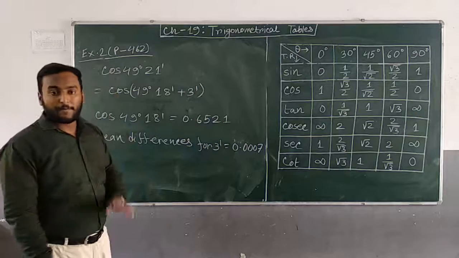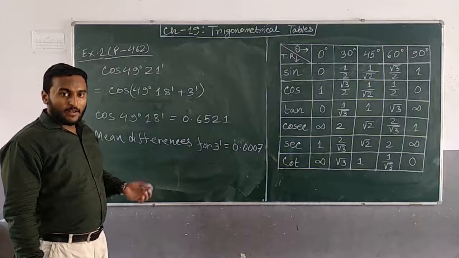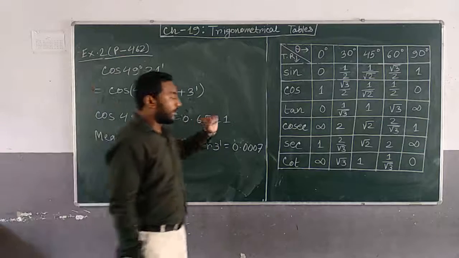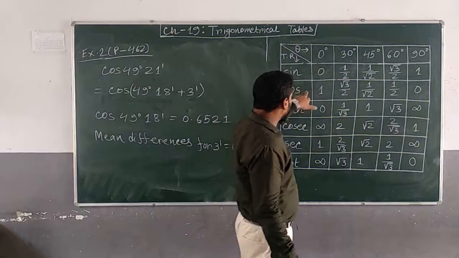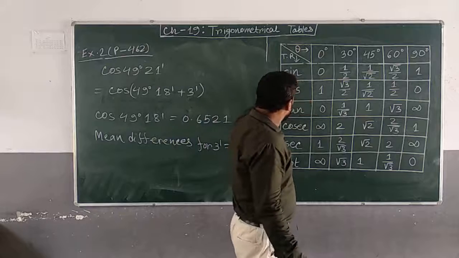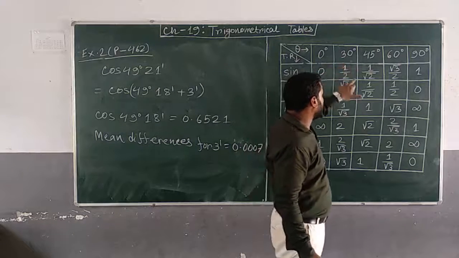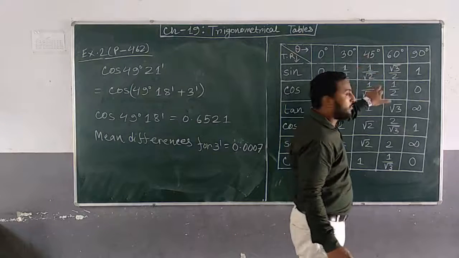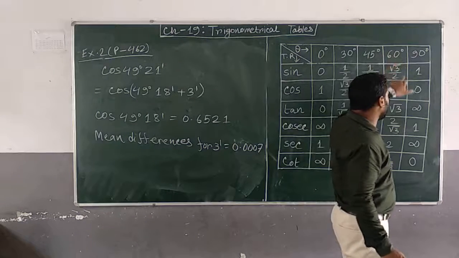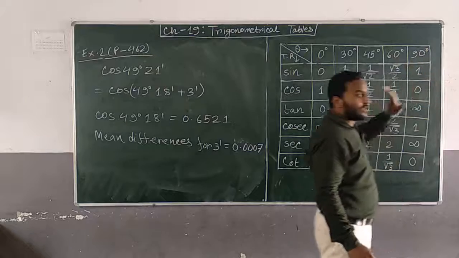0.007. But in this case, a little bit of difference is there. See this, what is the difference? For this, observe this table. For cos theta, at 0 degree this is 1, 30 degree is root 3 upon 2, 45 degree 1 upon root 2, 60 degree 1 upon 2, and 90 degree 0.